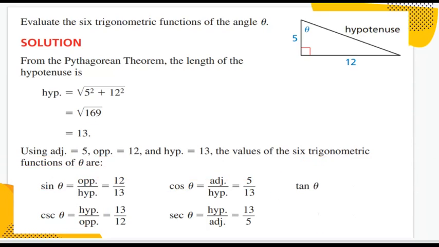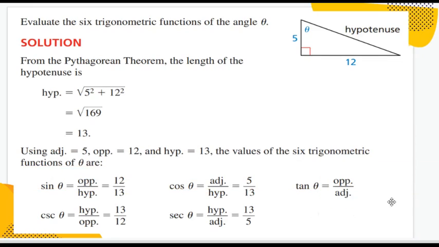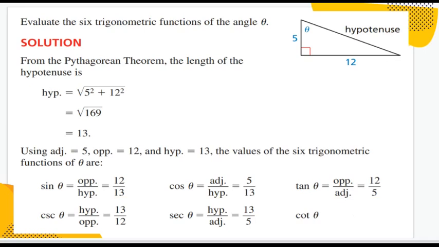We have tangent theta, which is opposite over adjacent, that is equal to 12 over 5. The reciprocal is cotangent theta, which is equal to adjacent over opposite, which is 5 over 12. So these are the 6 trigonometric functions of the angle theta.